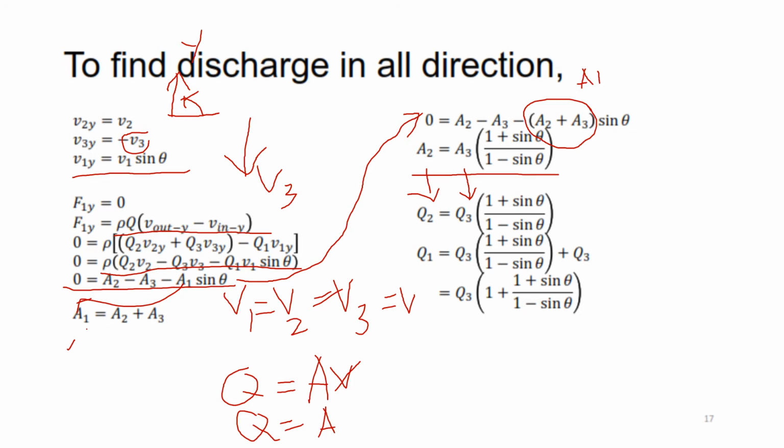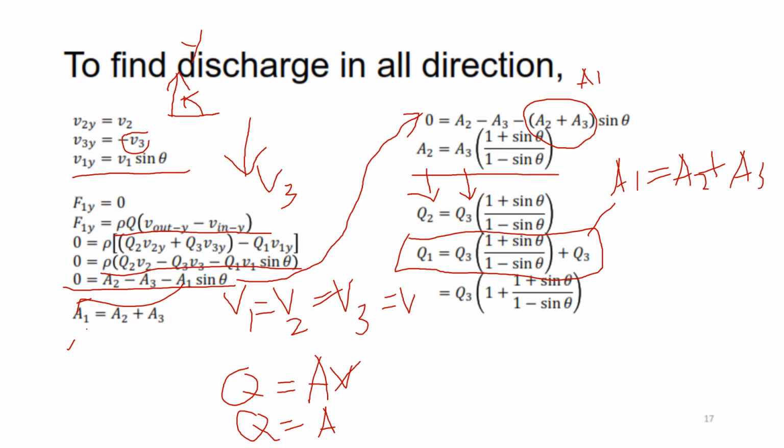So for this one we just copy from above. Okay, then this one, where do we get this? This is from the previous equation, A1 equals A2 plus A3.